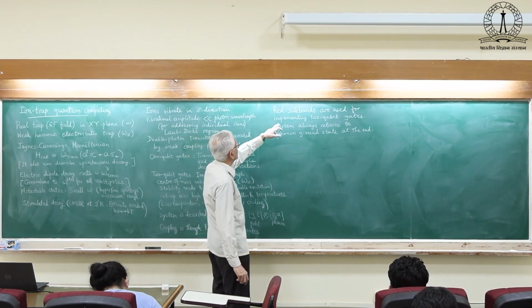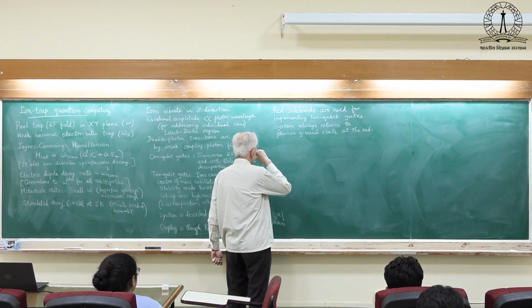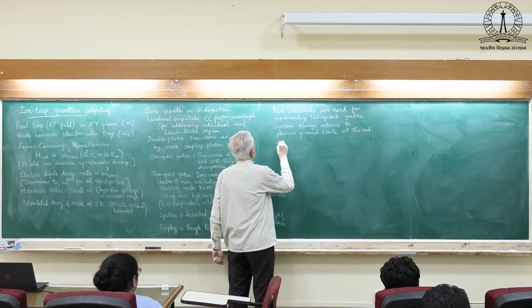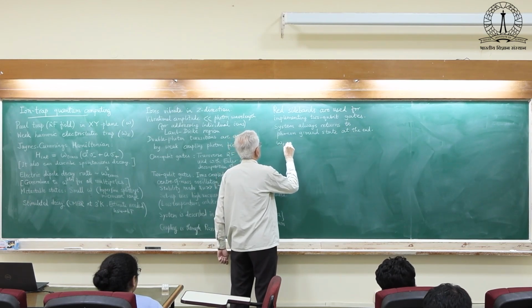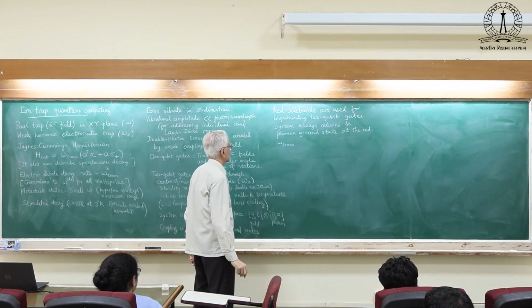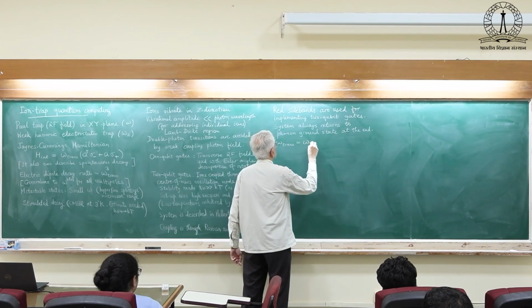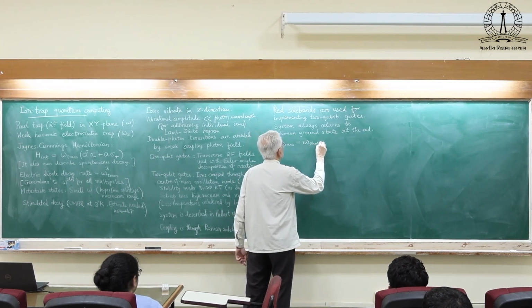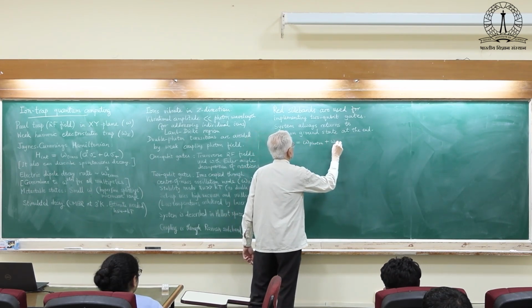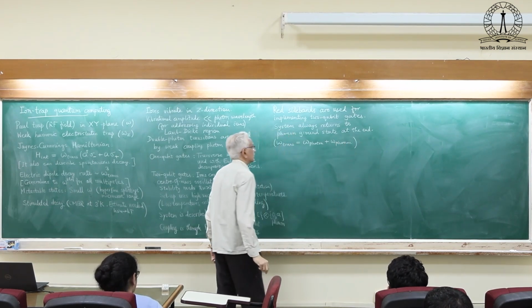And red sideband means that omega for the whole transition is omega of the photon plus omega of the phonon.